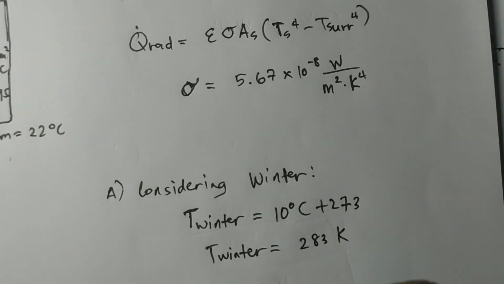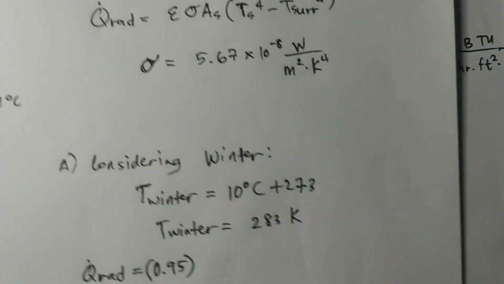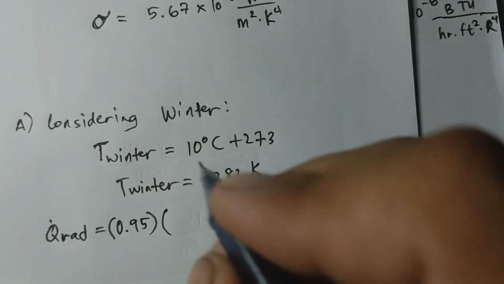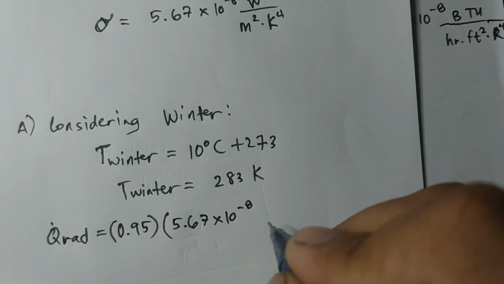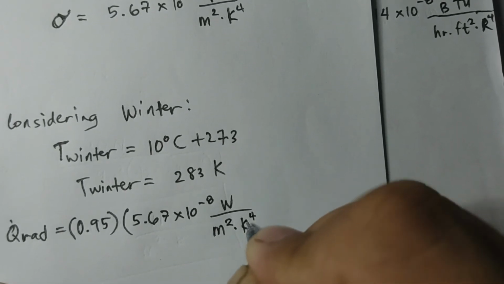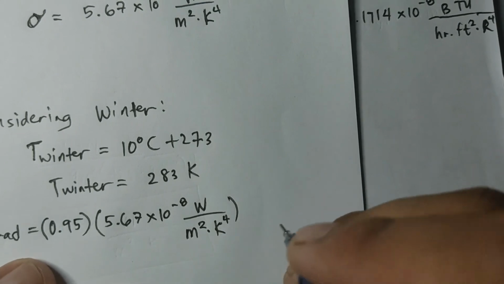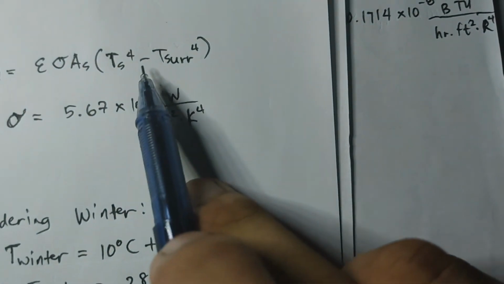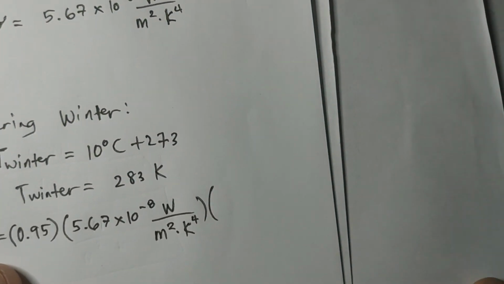Heat of radiation is equals to emissivity na 0.95, tapos Stefan Boltzmann constant na 5.67 times 10 raised to negative 8 watts per meter squared K to the 4th or Kelvin to the 4th. Tapos minultiply pa natin siya sa Ts raised to 4 or temperature ng surface raised to 4 minus temperature ng surroundings raised to 4.